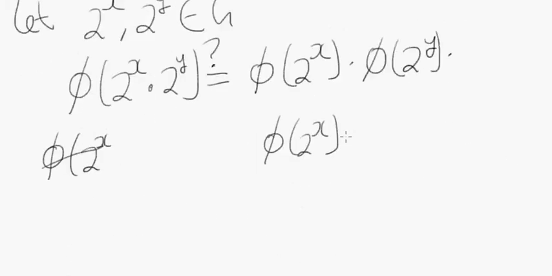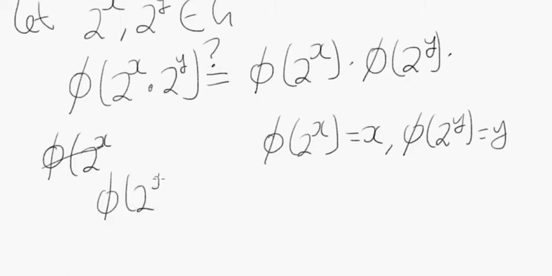So phi of 2 to the x is x, and phi of 2 to the y is just y. So really, showing that phi of 2 to the x times phi of 2 to the y equals this amounts to showing that phi of 2 to the x times 2 to the y really equals this.